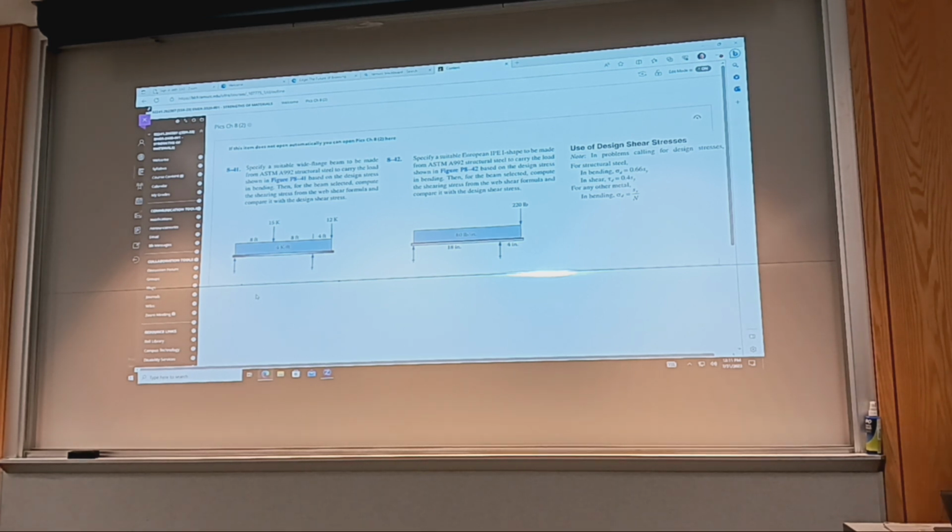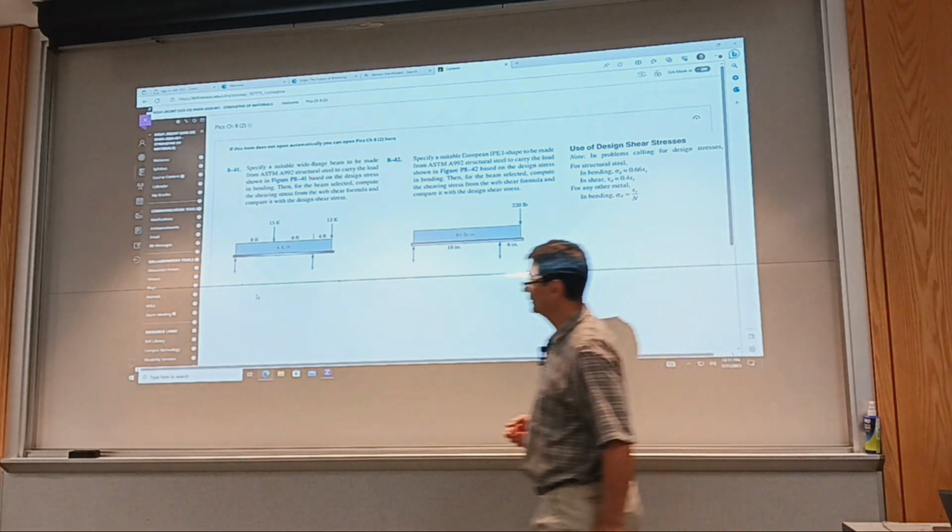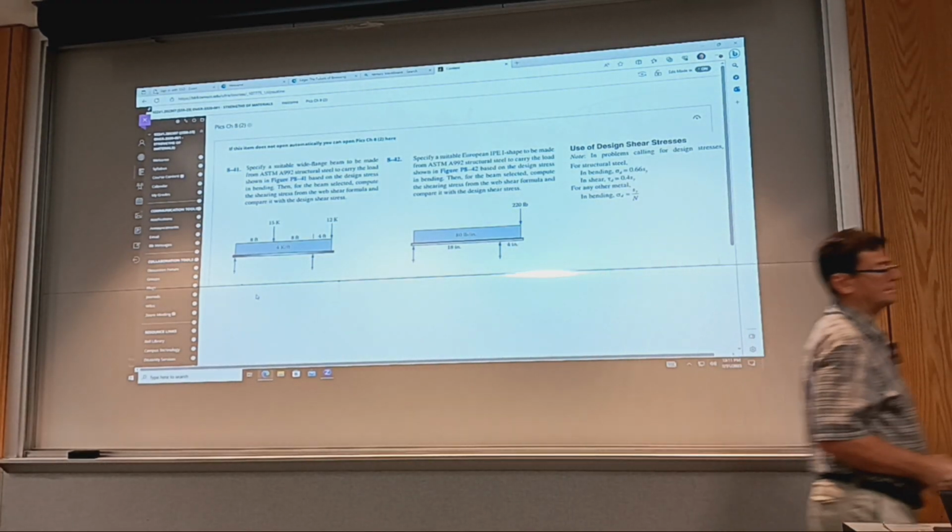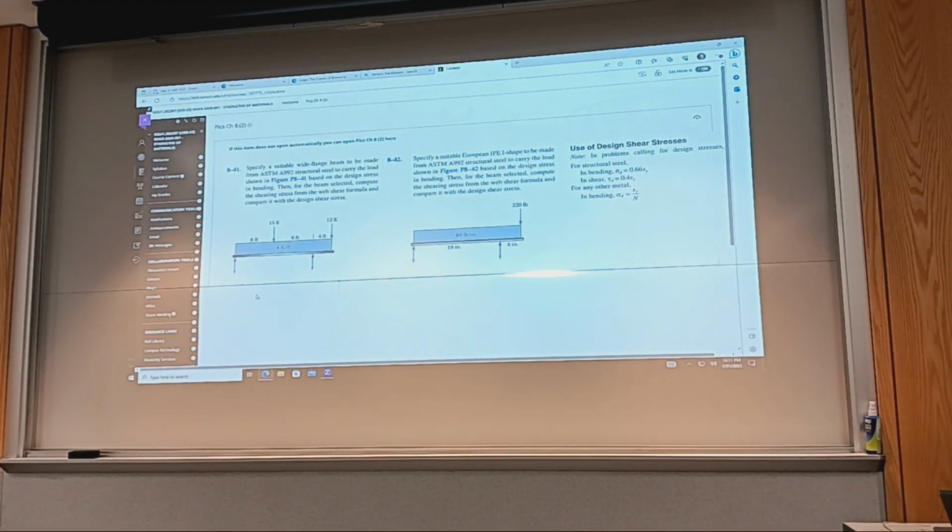These two are nice because we need to go over the steps on actually drawing the diagrams, and we need to size the beam for bending, and then evaluate it for shear.